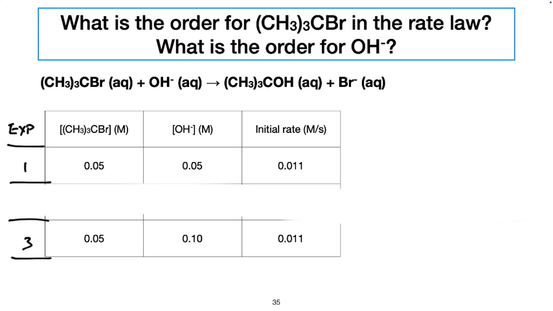Okay? And extra fun, because I didn't change the concentration of the first species, the change in rate is only due to the hydroxide. I've limited a variable. What happened to my rate? So is hydroxide involved in my rate? No, because if it was there, it would change the rate. It didn't change the rate, which means it can't be involved in my rate law.